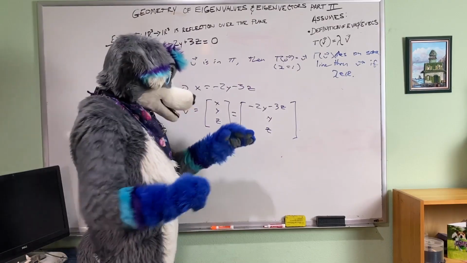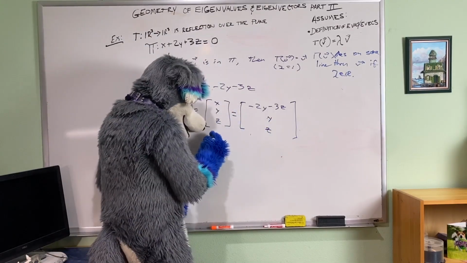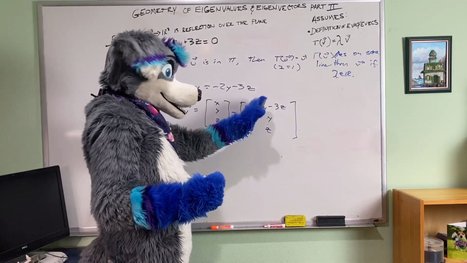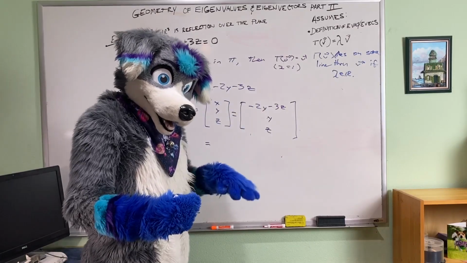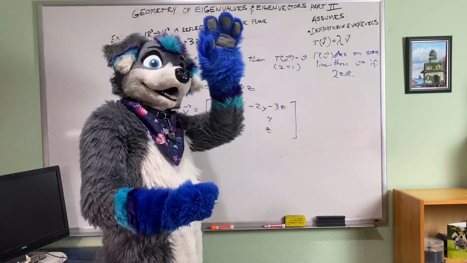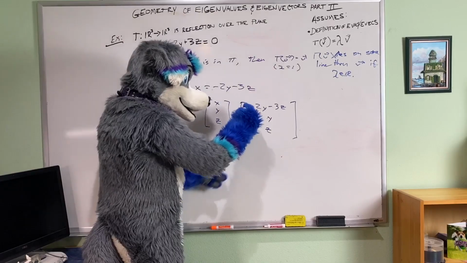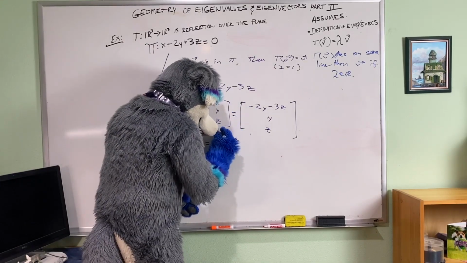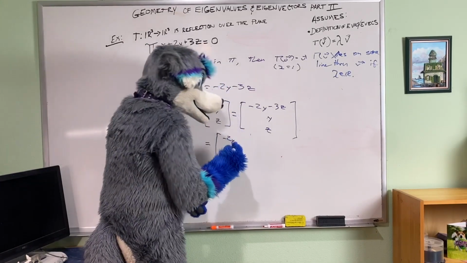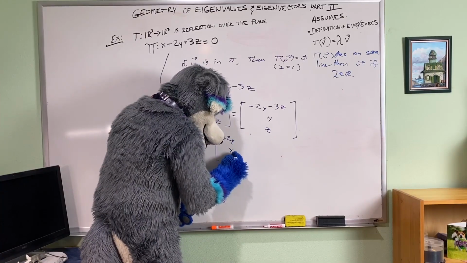Now, notice, I can break this up. I'm going to separate the y's from the z's. So I can write this as -2y, y, and 0.